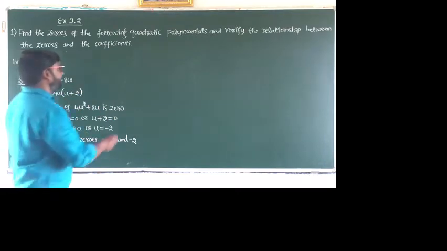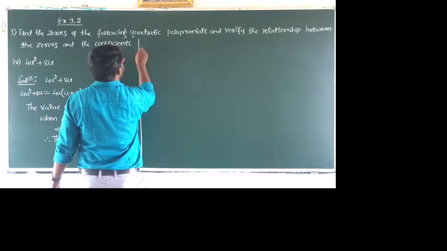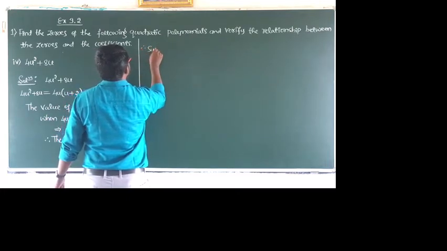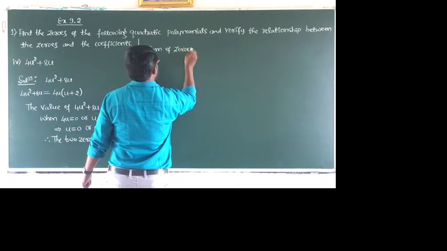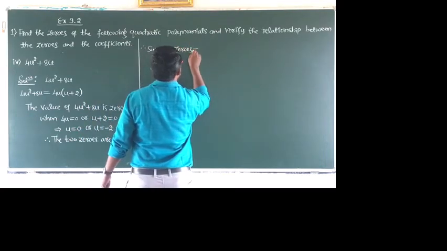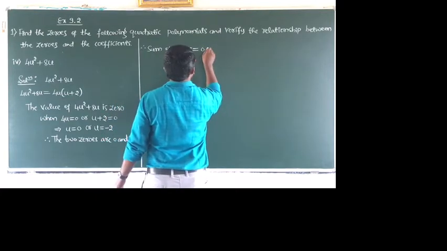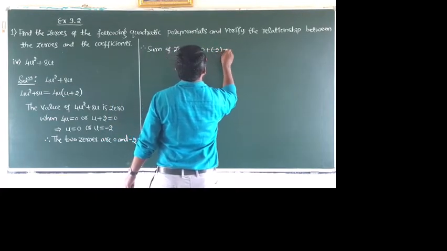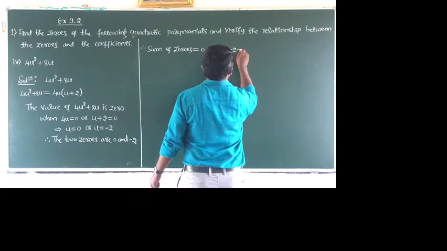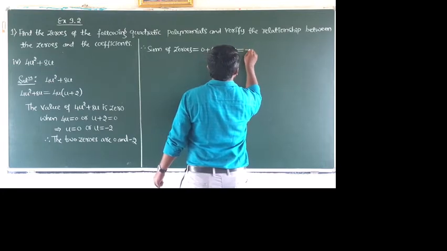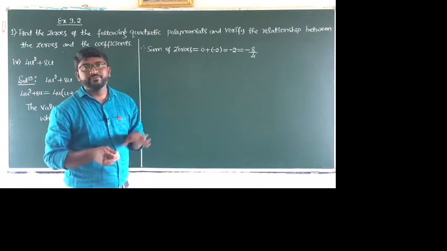Next we have to verify the condition. Therefore sum of zeros is equal to, so what is the sum now? 0 plus minus 2. This will be minus 2. So now minus 2 can be written as minus 8 divided by 4. So 4 ones are 4, 4 twos are 8, we get back minus 2.